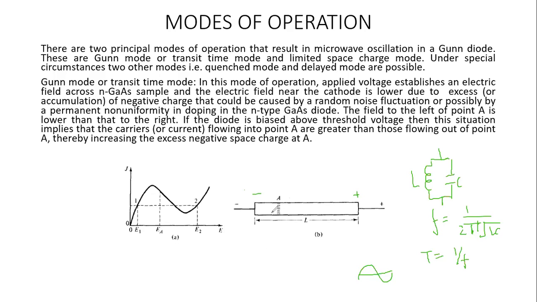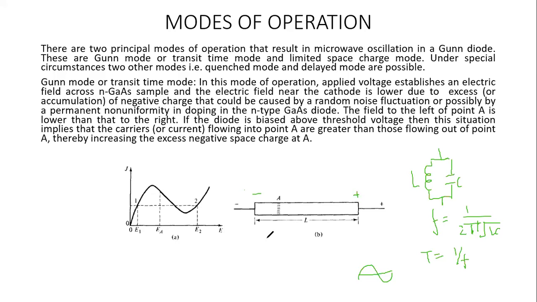Because of that transient effect, the electrons gathering here will be more. Either it is created by the applied potential, or by noise, or by doping, but excess electrons are present here as compared to the other region.